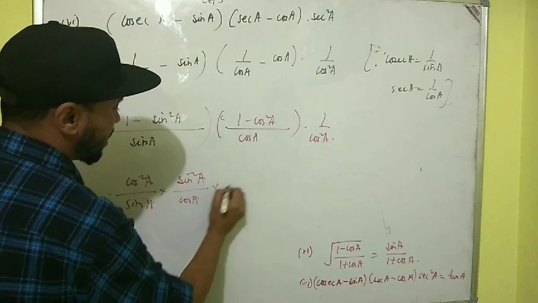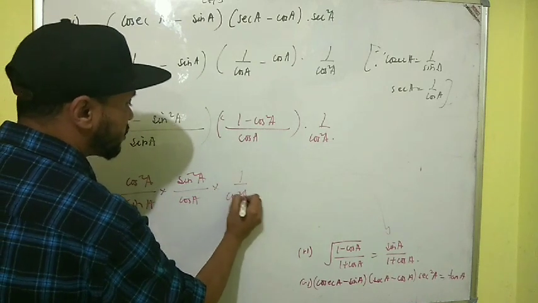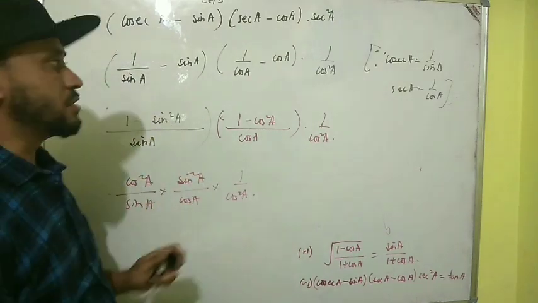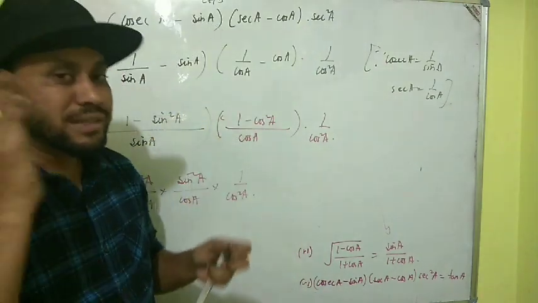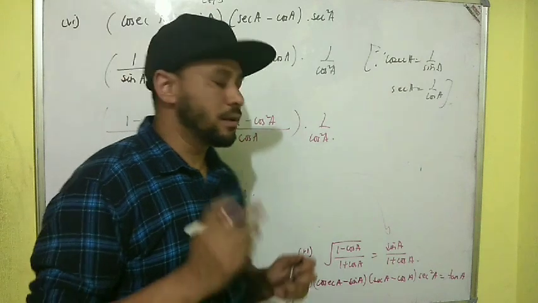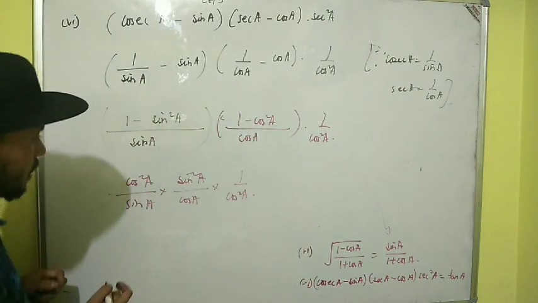Just go through the formulas, memorize all the formulas, and the easiest way to memorize is practice. Utilize these formulas again and again so that they go inside your brain and you'll remember them.